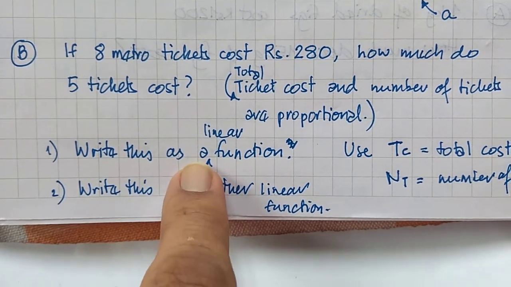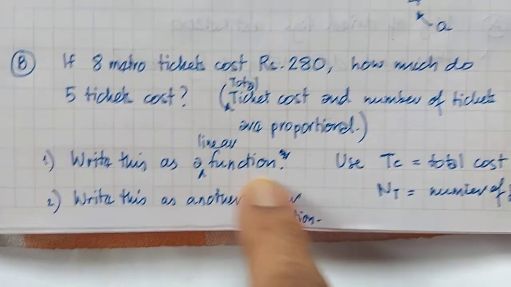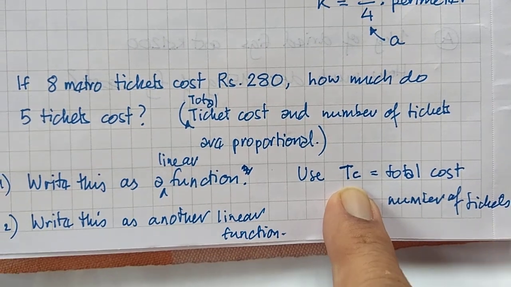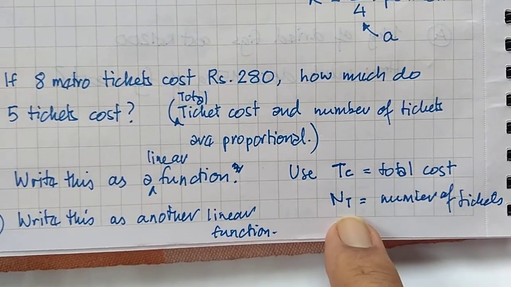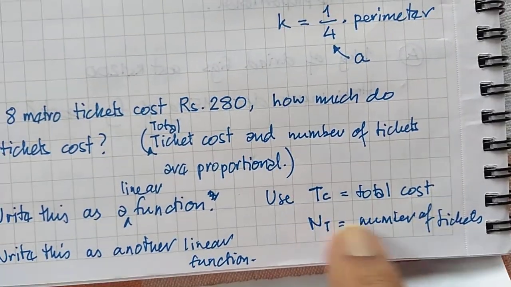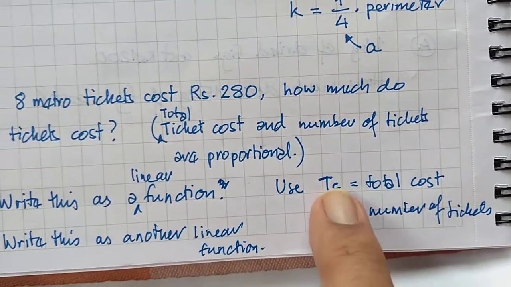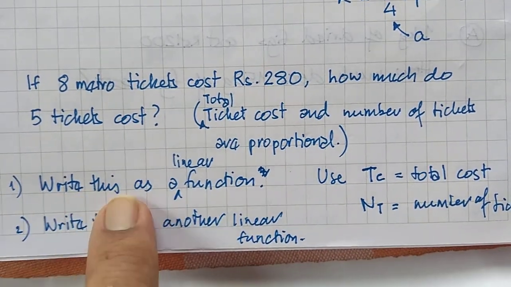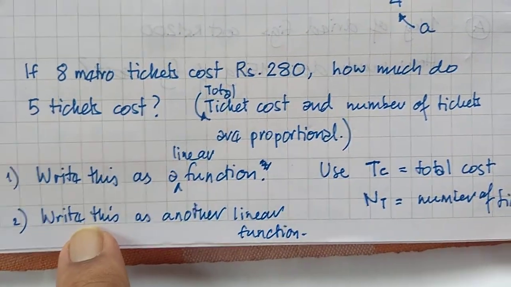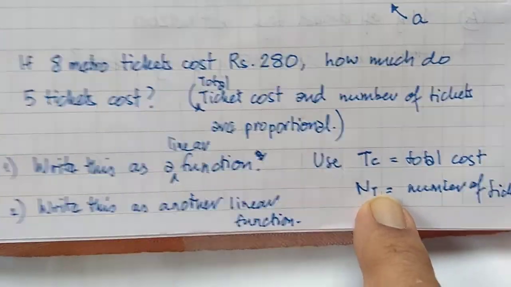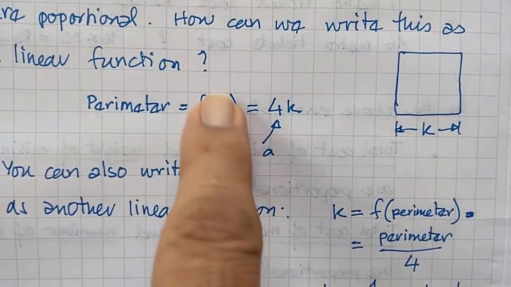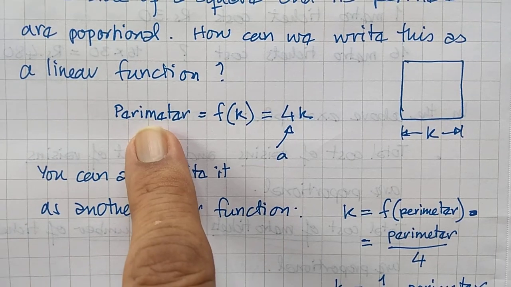You have to write this as a linear function. Use these variables, TC for total cost, NT for number of tickets. Otherwise you will have to rewrite these words many times. So you write this as a linear function, and then write it as another linear function. So how can you have two linear functions? It's in the same way as here when we did the square, the perimeter of the square.